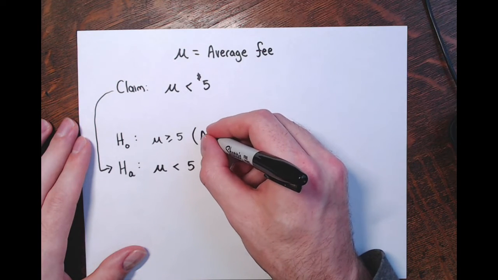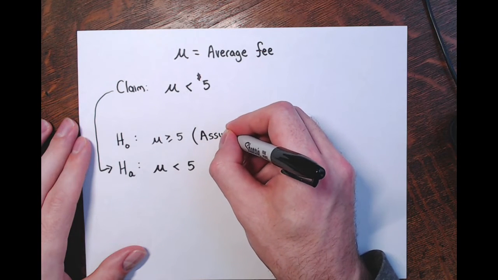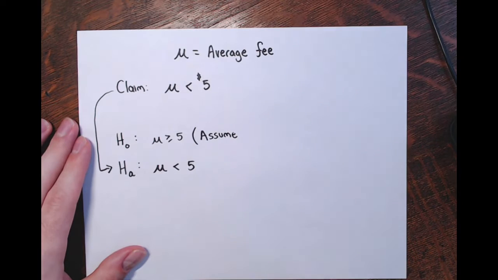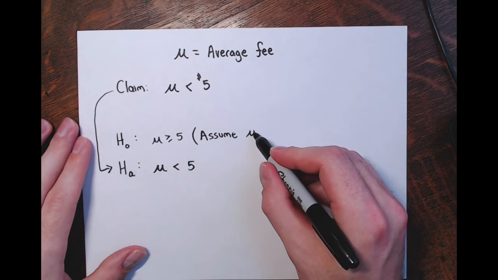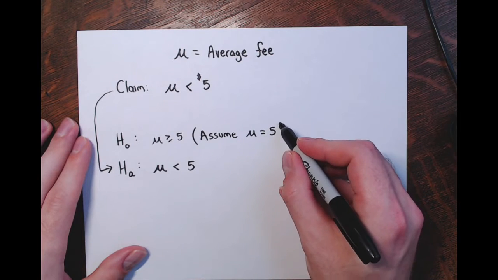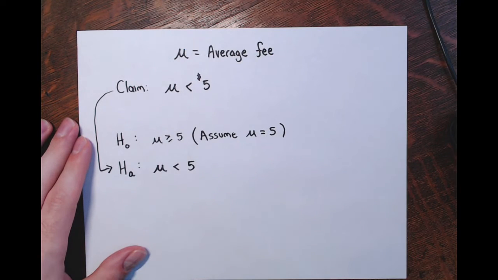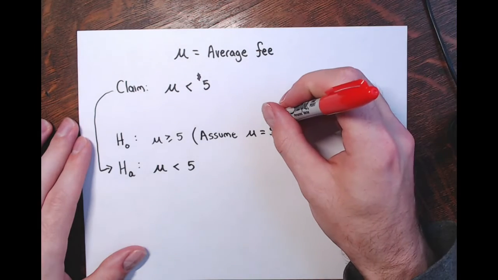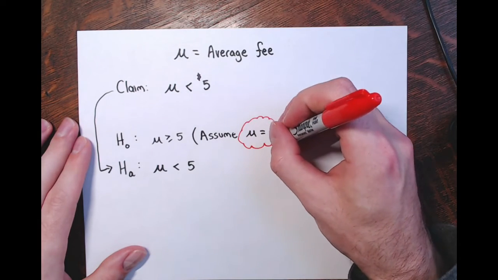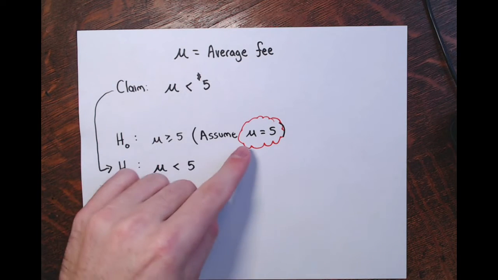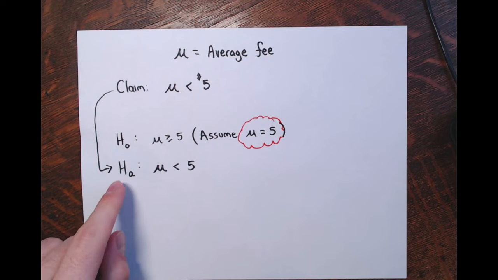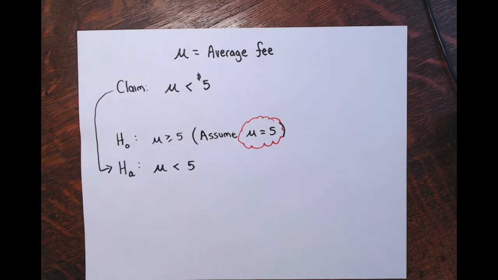But when we actually perform the test, we're just going to be assuming the equal part, that mu equals 5. In this book and in Newton-Alta, they just write down the equal part in the null hypothesis. So you have a null hypothesis that mu equals 5, and the alternative hypothesis that mu is less than 5.